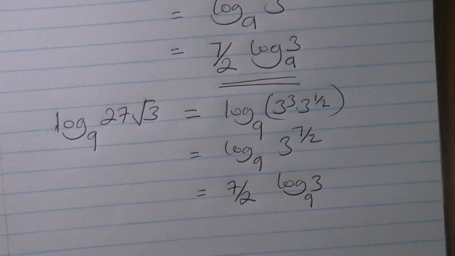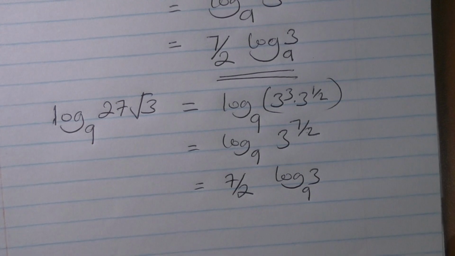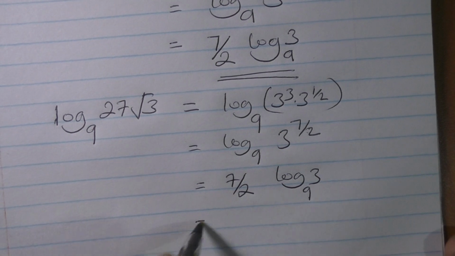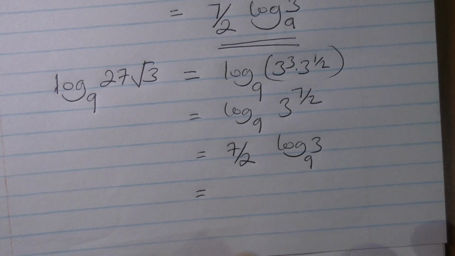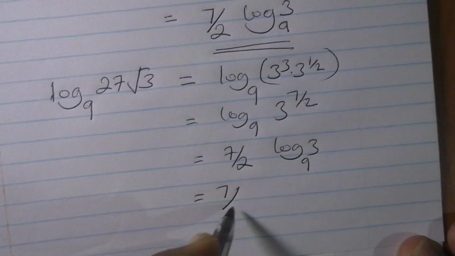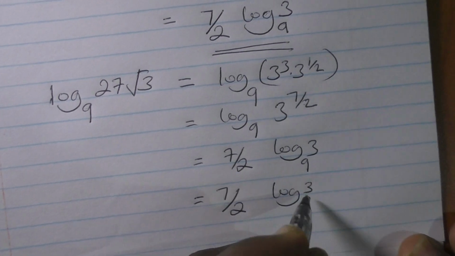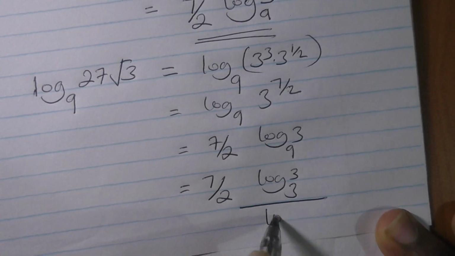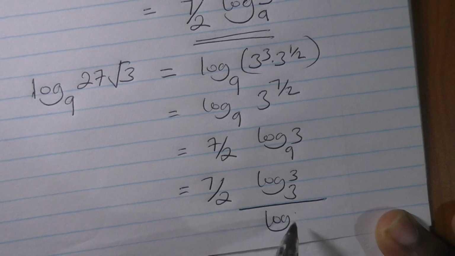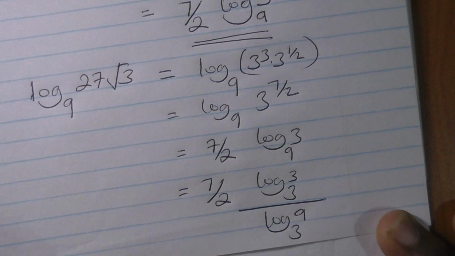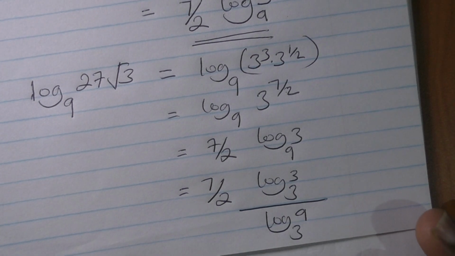So here we shall introduce log 3. If we introduce log 3, that will give us 7 over 2 log 3 power 3 divided by log 3 power 9.